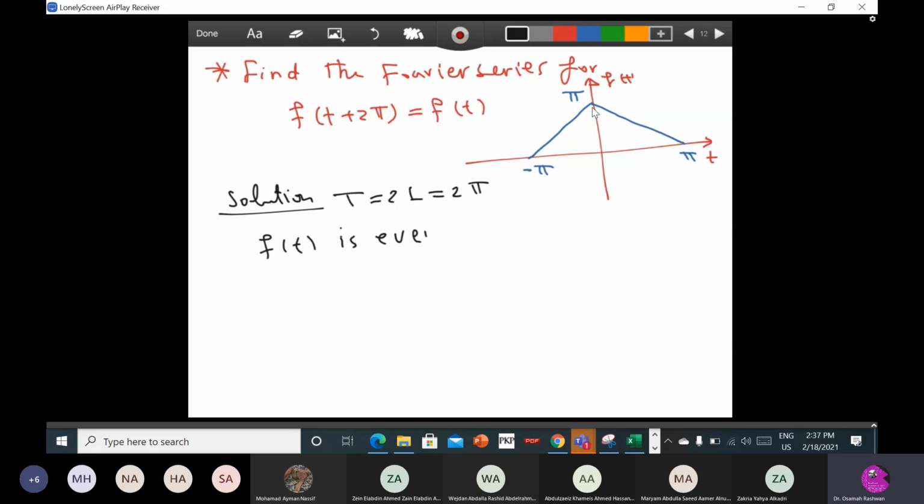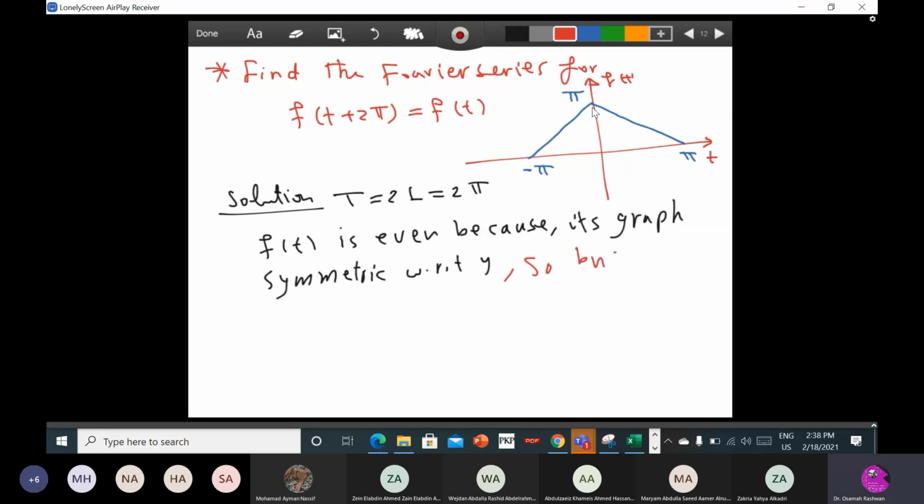It's even because the graph is symmetric with respect to y. So Bn equal to what? 0.